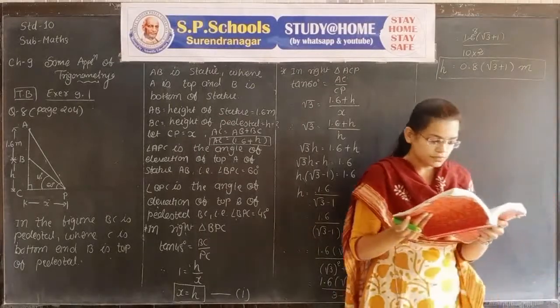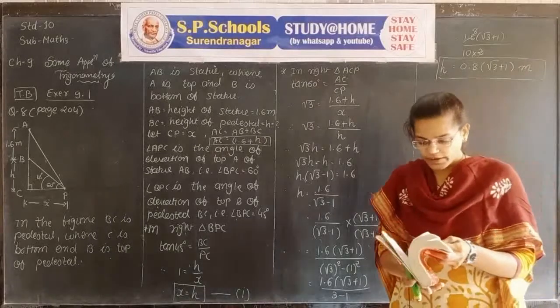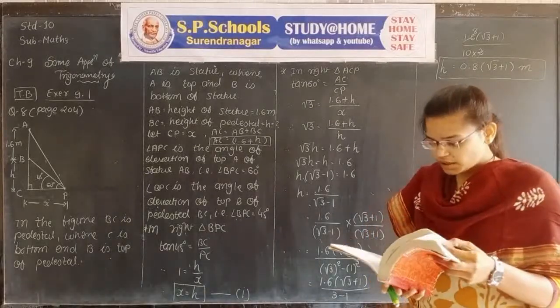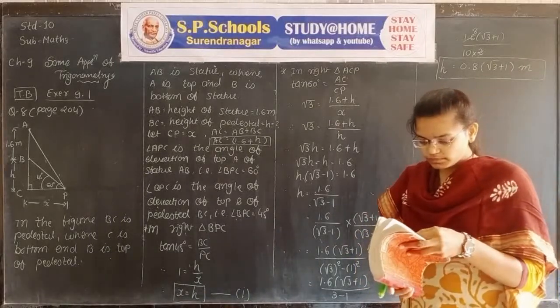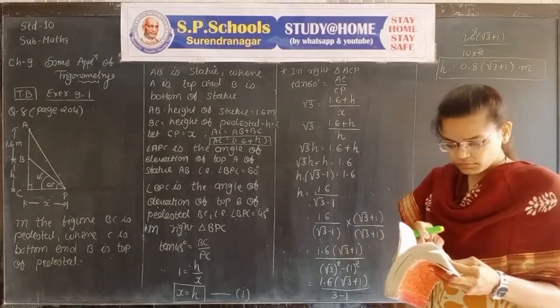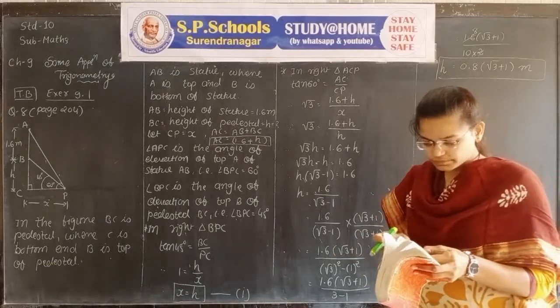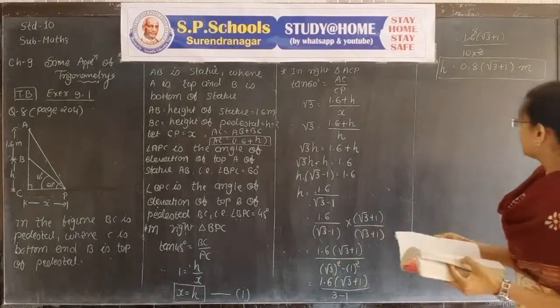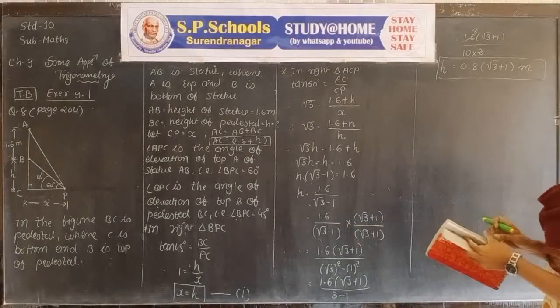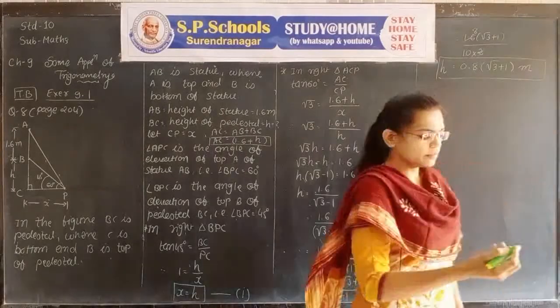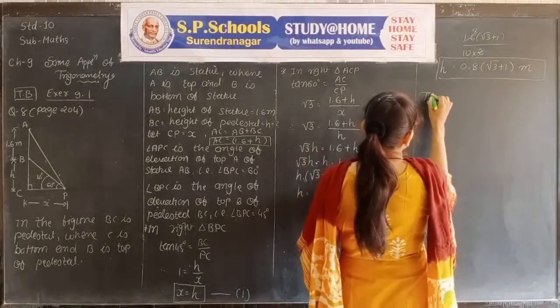In the question, we required only the height of the pedestal. See the answer in exercise 9.1: 0.8 into bracket root 3 plus 1 meter. Now write the answer in a sentence.